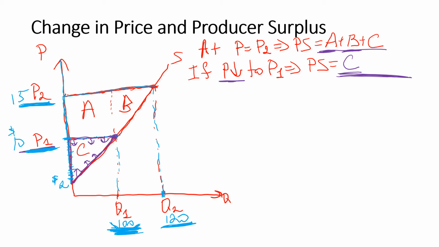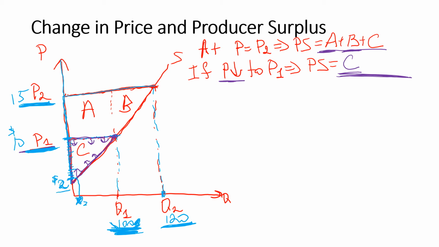Remember, this price line right now indicates the seller's cost of production as well. So just think, if I was a seller and my cost of production was 2, do you see I'm falling within this initial 100 sellers? For example, I'm the second seller or something like that.